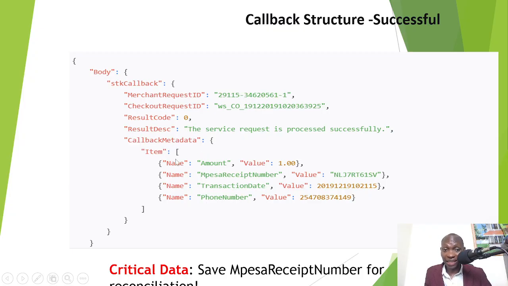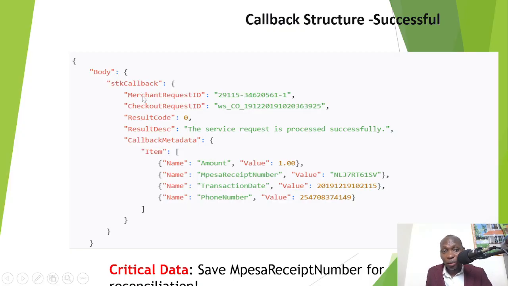This is an array which contains objects. So it's an array as a container that houses objects, a list of objects, key value pair. Remember that. So we have item.